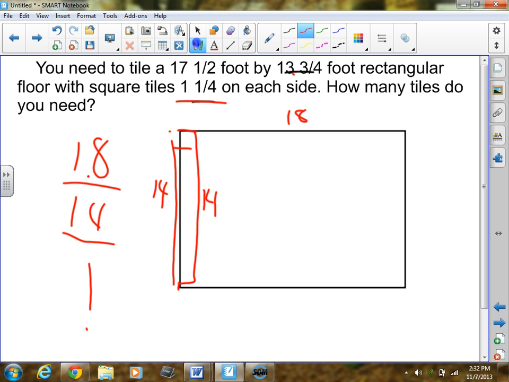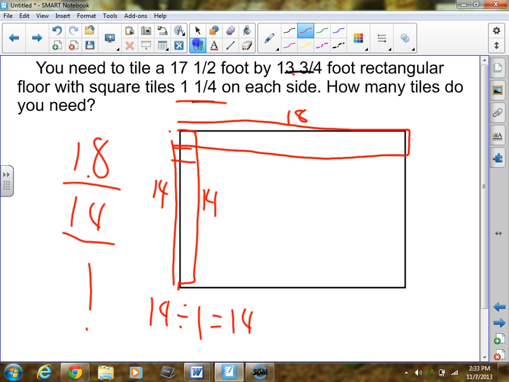I'm sorry, they aren't to scale, but I go 14 divided by 1 to see how many tiles I'll need. It's going to be 14. So on this side, I need 14 tiles. And on this side up here, if it's 18 feet, 18 divided by 1 is going to equal 18. So up here, I'm going to use 18 tiles.